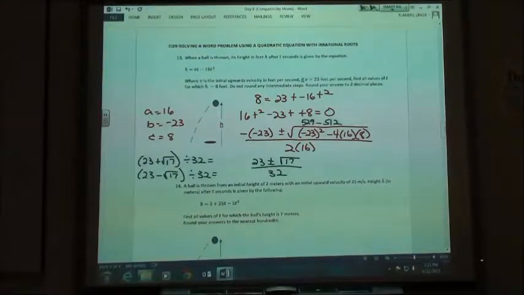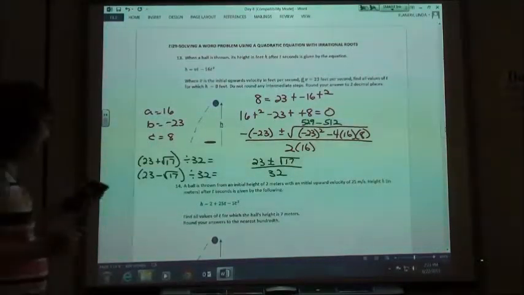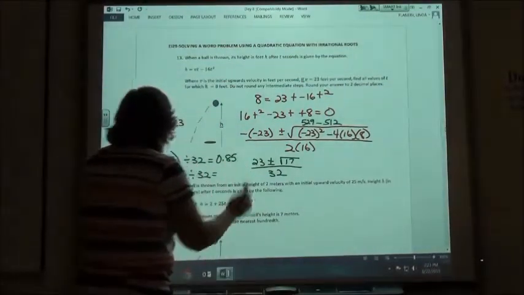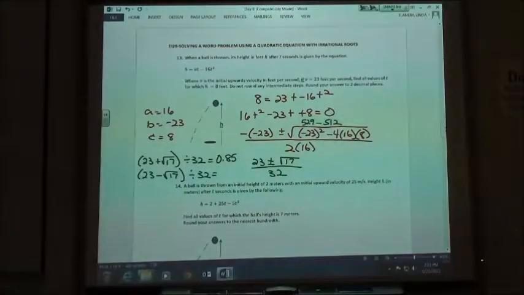So 23 plus the square root of 17 divided by 32, rounding to 2 decimal places gives me 0.85. I have 0.847, so I rounded off to 0.85.